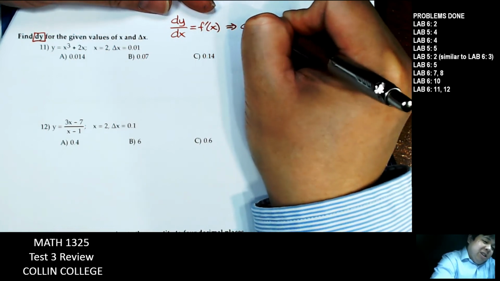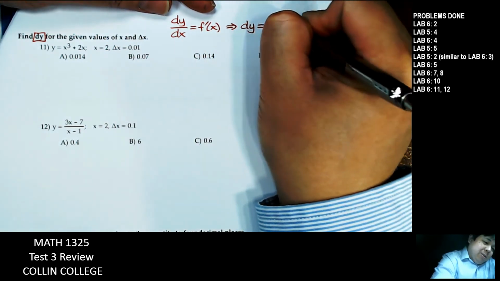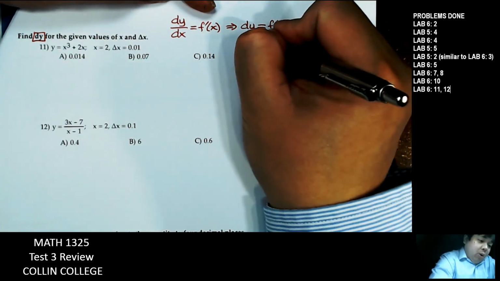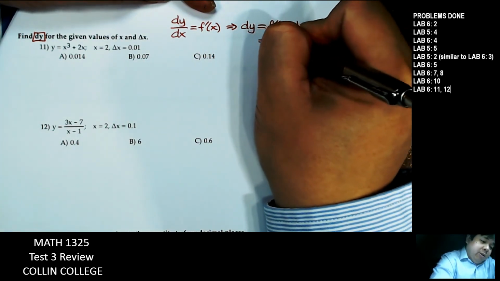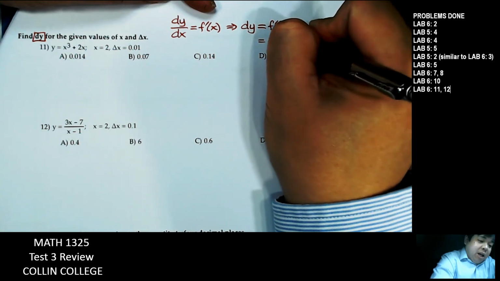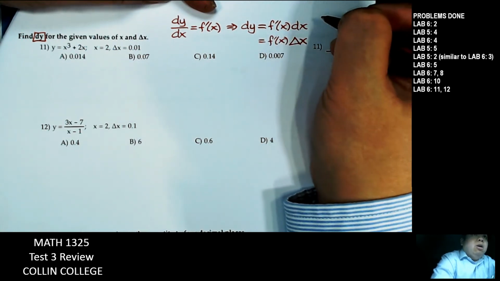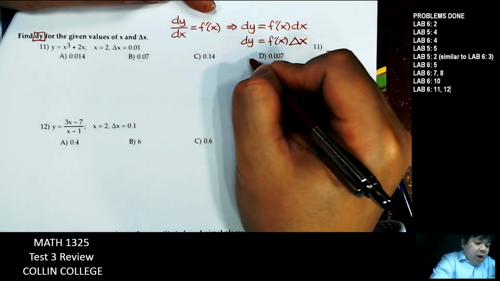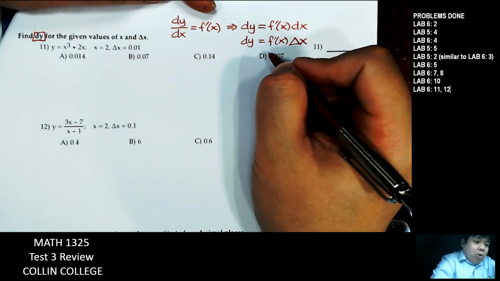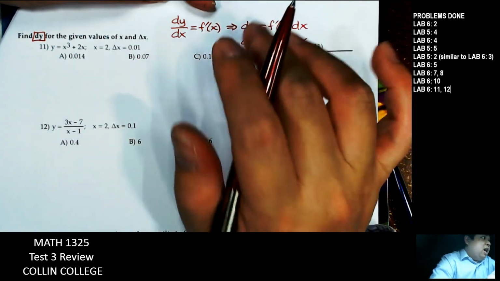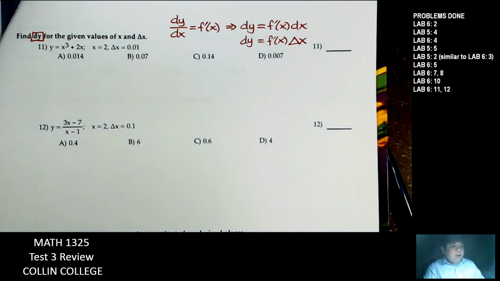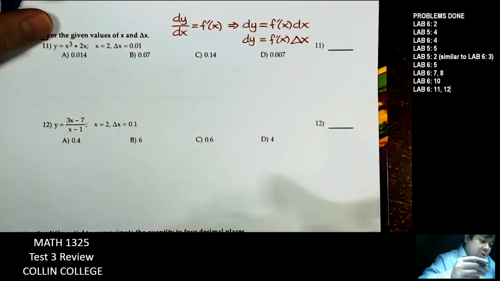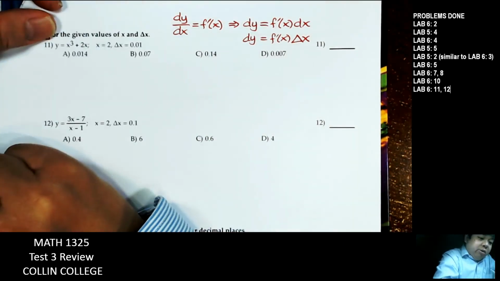Actually, what we have here is x and dx, delta x. We just need to find dy, so this is differentials. So let's start from the background. What we need is dy over dx, which is the derivative, a different notation, where we kind of move the dx over. I said kind of, so not technically.